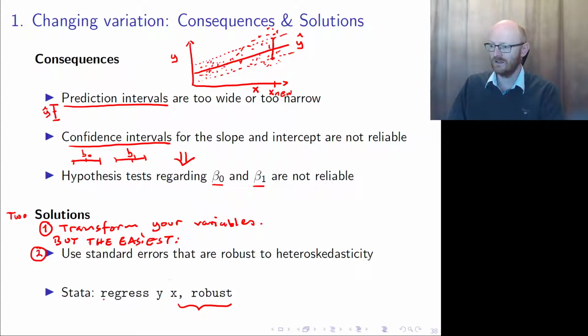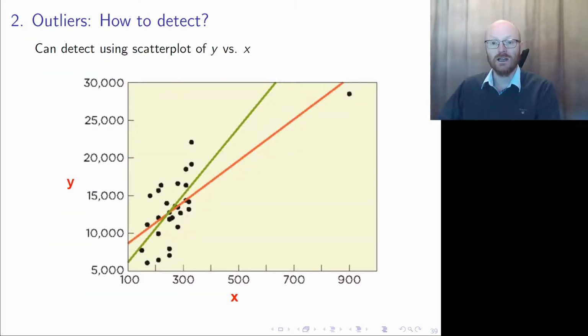Just type regress y on x with robust standard errors, and then you can interpret the t values, the standard errors and the confidence intervals just as if you did not have heteroscedasticity.